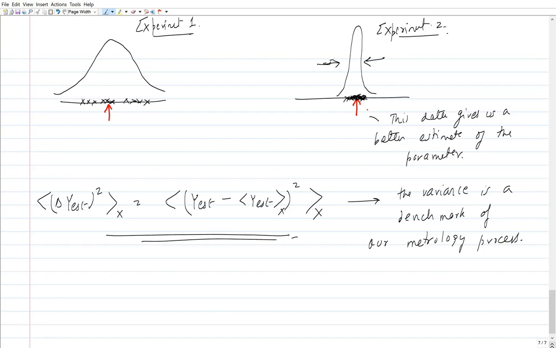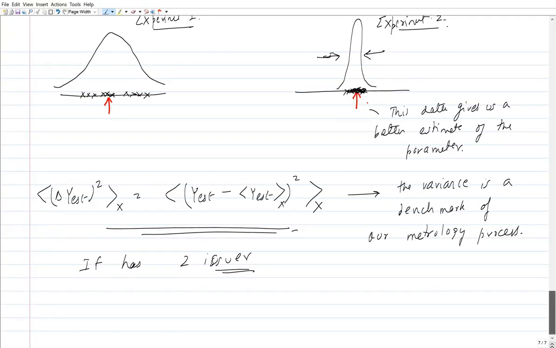But if you look carefully, this quantity, the variance of the estimator, has two issues, two very minor issues, but it's important to go through them. You could have already guessed what they are. One is that my estimate can be systematically biased away from the true parameter value. I'll write it down.